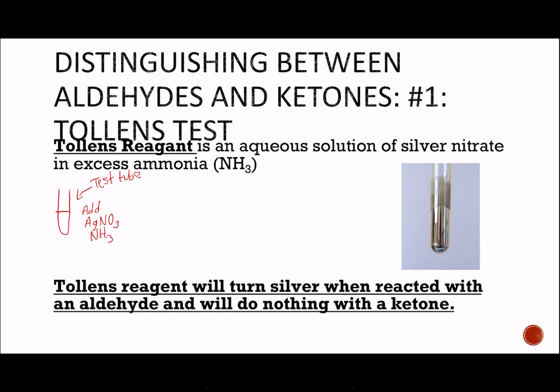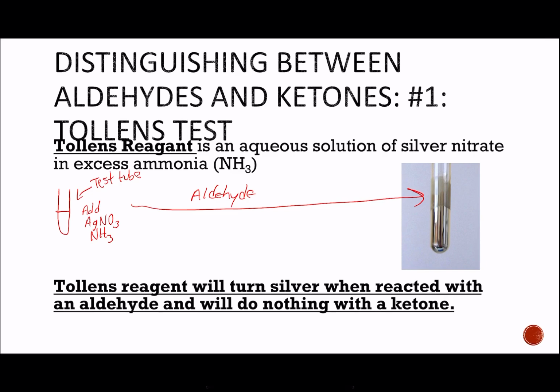If what you have is an aldehyde, you will go from a colorless solution to a beautiful silver mirror. If we were in class, we would have actually done this. I had gotten the materials for it, unfortunately we won't be able to unless we come back before the end of the school year. But this would be the result. You'd get a beautiful silver mirror, which you could then keep. So if I have an aldehyde, I'll get a silver mirror. If I have any other functional group, it won't give me a silver mirror.